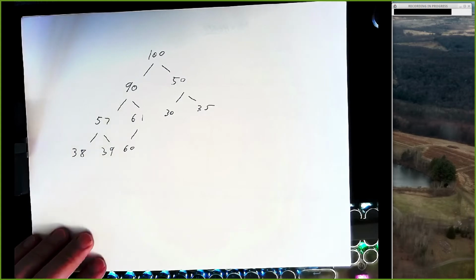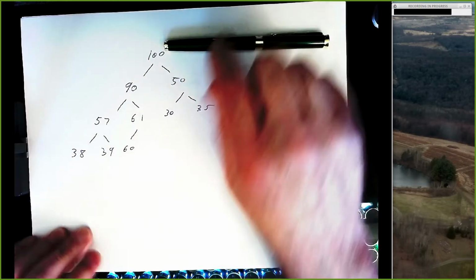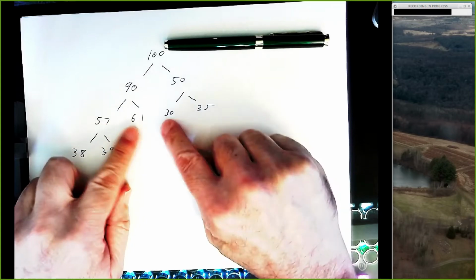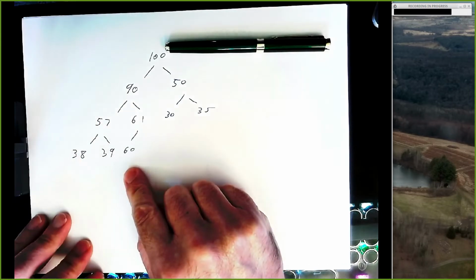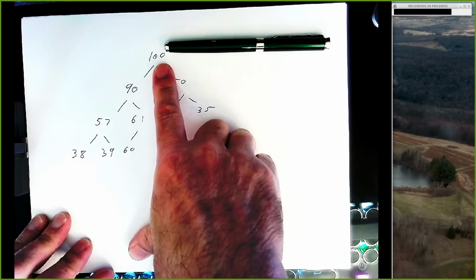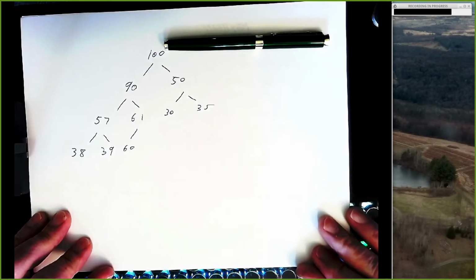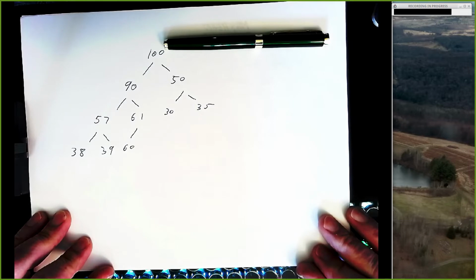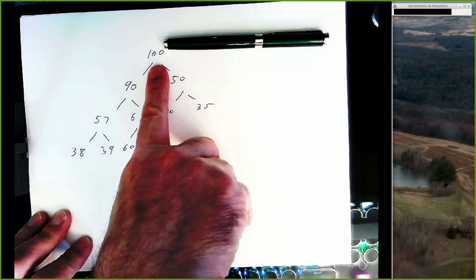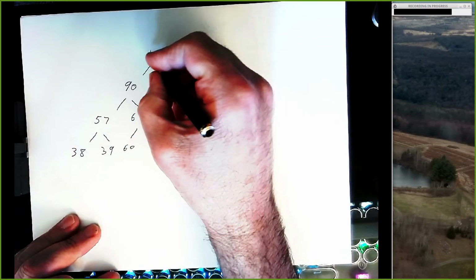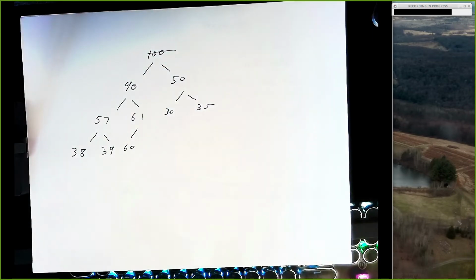Because the heap property says whatever's up here has to be bigger than both children, and each of these has to be bigger than its children, and each of those have to be bigger than its children. So this has got to be the biggest thing in the whole heap. So to remove the biggest value is easy. Just return the root. Alright, well, no problem. I'll just take that off, give you 100.